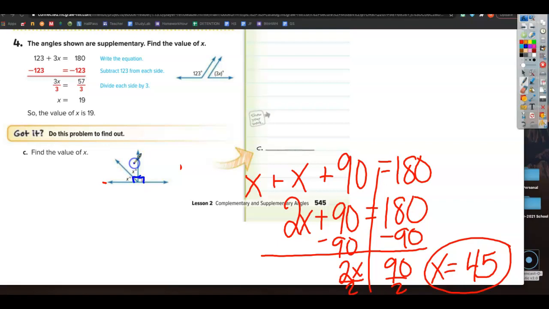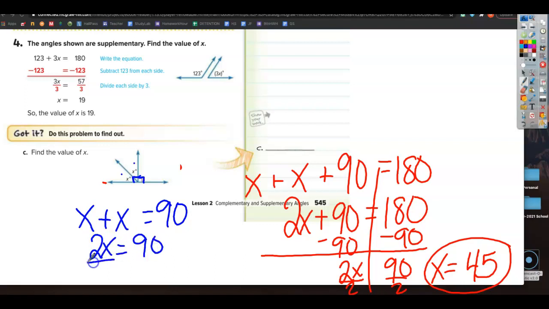So if these two angles together equal 90, I would say x plus x equals 90, which is 2x equals 90. Divide by 2, we still get x equals 45. So there's two different ways to solve that exact same problem. Questions on that? Okay. Go to the next example.